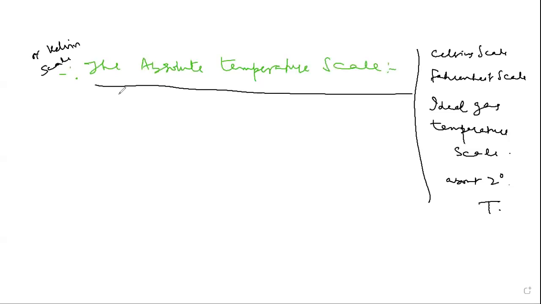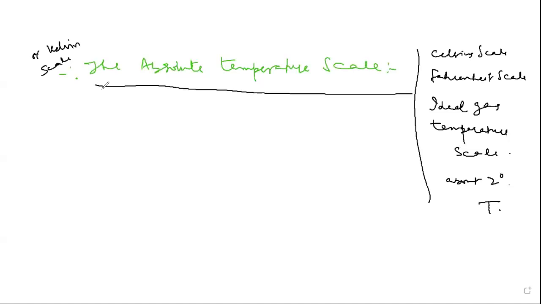We said that when we discuss the Carnot theorem, I repeat, the Carnot theorem says that no engine working between two given heat reservoirs can be more efficient than a reversible engine working between those reservoirs. And what was the corollary of that?